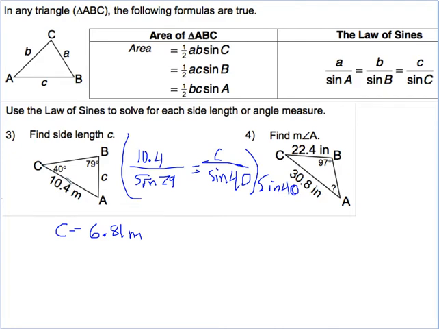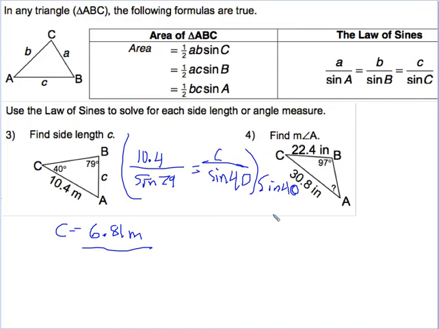Notice that this long length here is 10.4, and this side C looks proportionally smaller, and the answer is slightly smaller. Most of the worksheets do a good job of making sure everything is proportional.